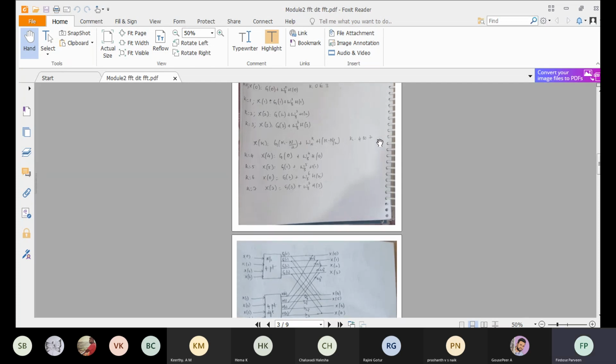So what is your x of 0? Here you will be getting g of 0, g of 1, g of 2 and g of 3. Here you will be getting h of 0, h of 1, h of 2 and h of 3. This I will explain you later.